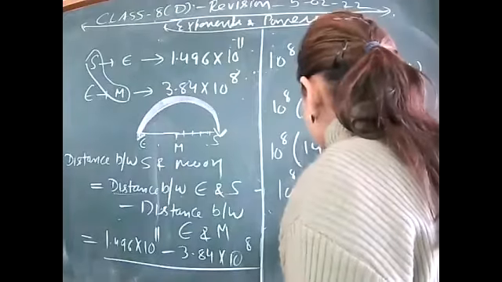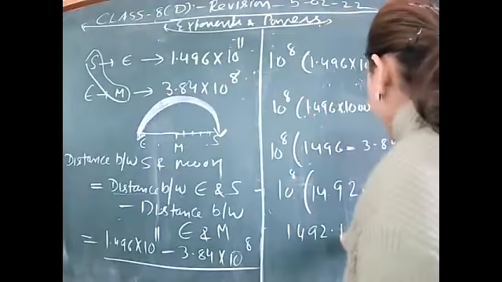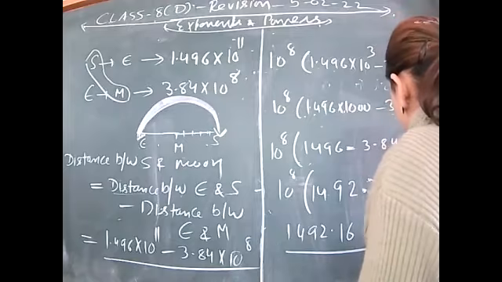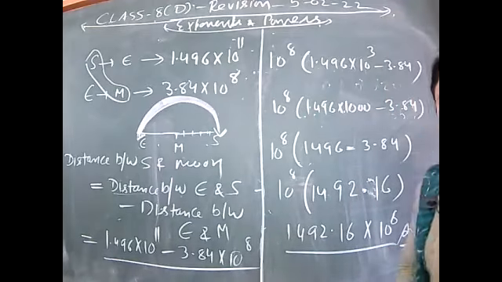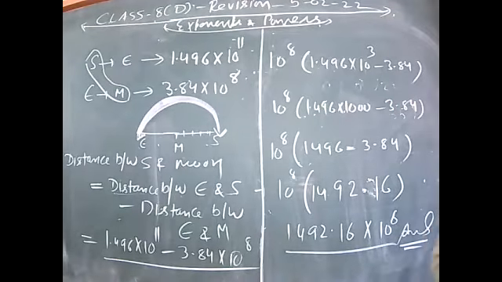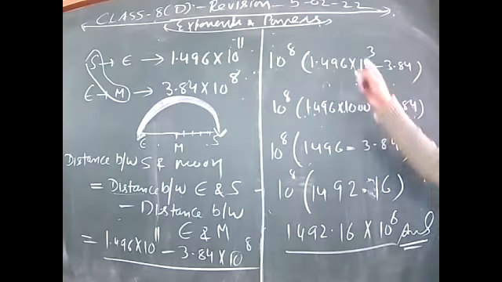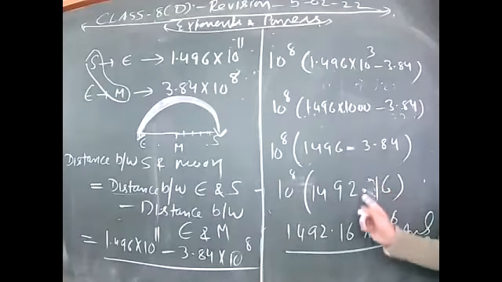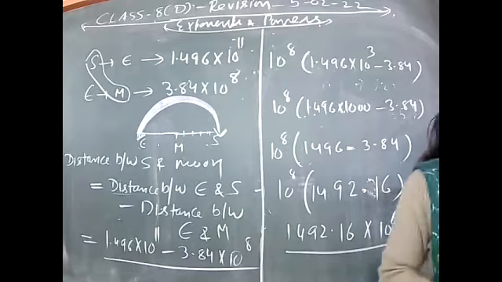So writing it in the proper order, this is the answer for the standard form. I'm just taking 10 raised to 8 as common. You can see inside, 11 power में से 8 power को बाहर लिया, 3 powers doing multiplication, then it becomes a simple question of subtraction, and accordingly we do.